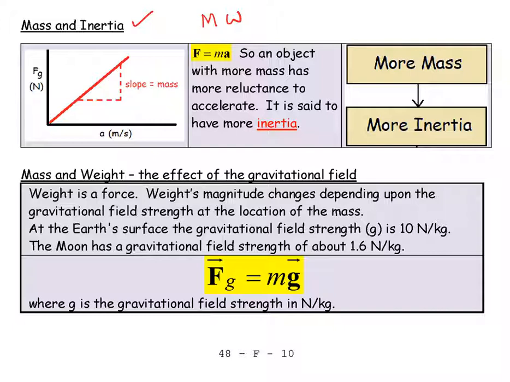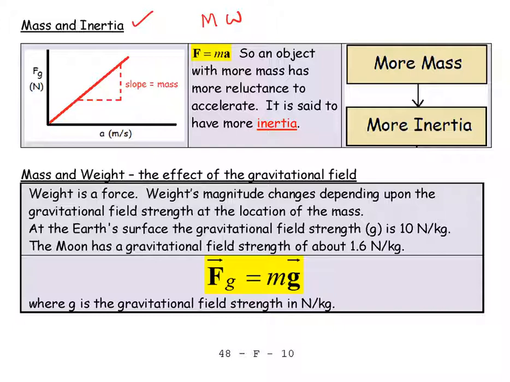People will talk about weighing something when, if they're getting the answer in kilograms, they are actually massing something. People will tend to think about mass as being a force with a direction, when in fact mass is a scalar. It has no direction. The weight caused on the mass by a gravitational field has a direction.